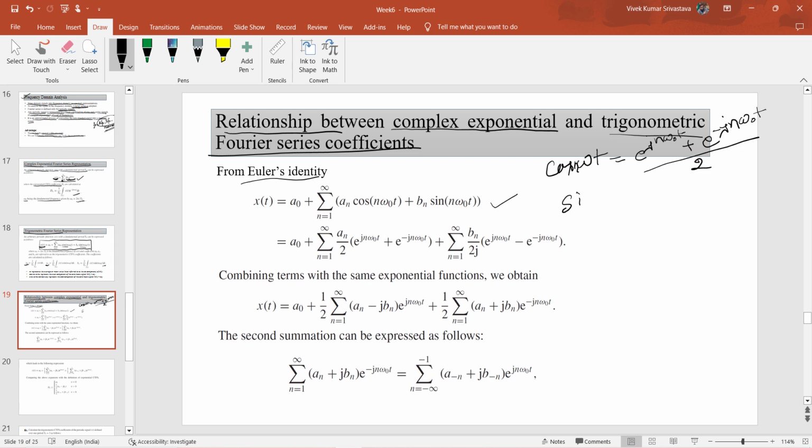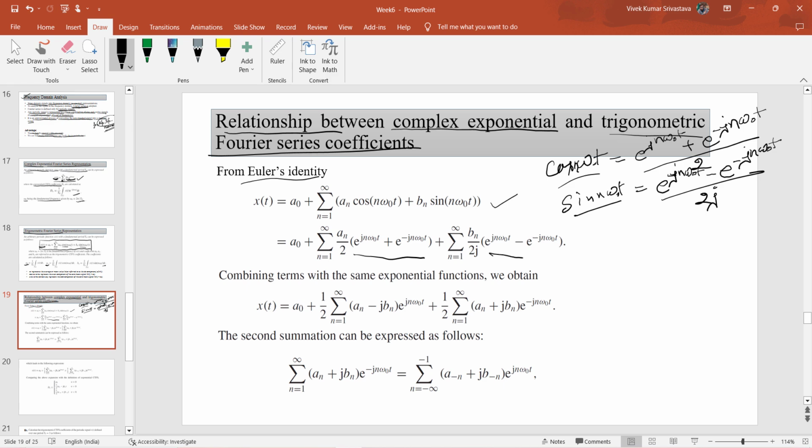Similarly, sine of n omega naught t can be represented as e raised to the power j n omega naught t minus e raised to the power minus j n omega naught t, over 2j. Okay, so we will basically put this Euler identity here.